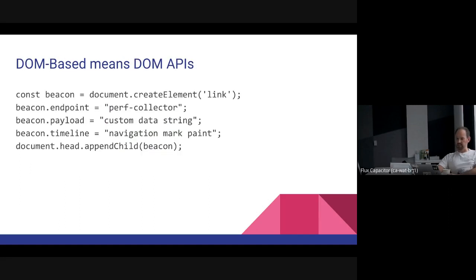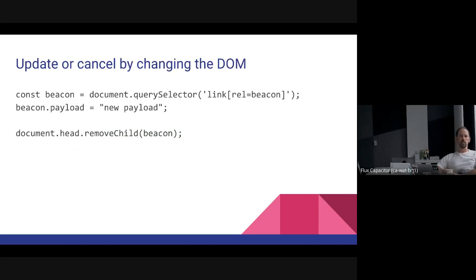Now, because this is markup-based, that means that you can use DOM APIs to manipulate these things in script. If you want to create one, append it to the document head, that would register it. You could grab it out of the DOM, change the payload. You could grab it out of the DOM and remove it, and that would cancel it.